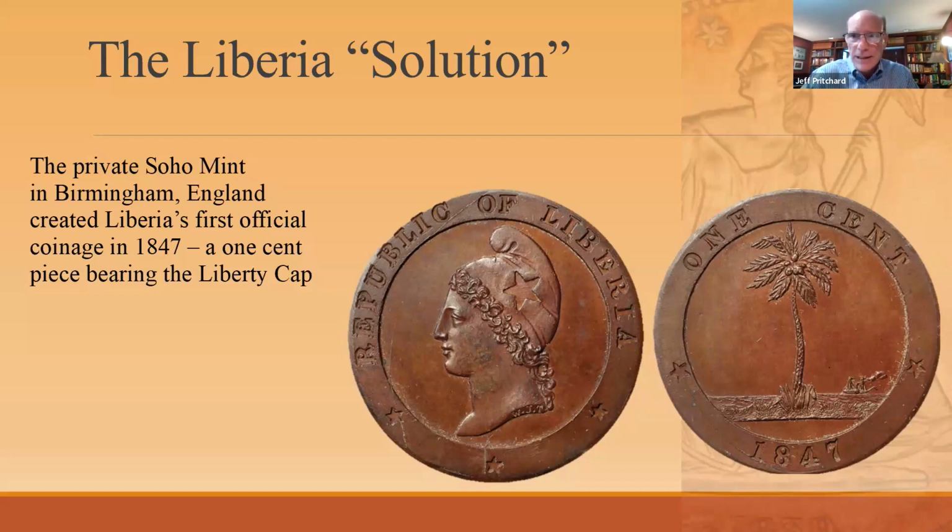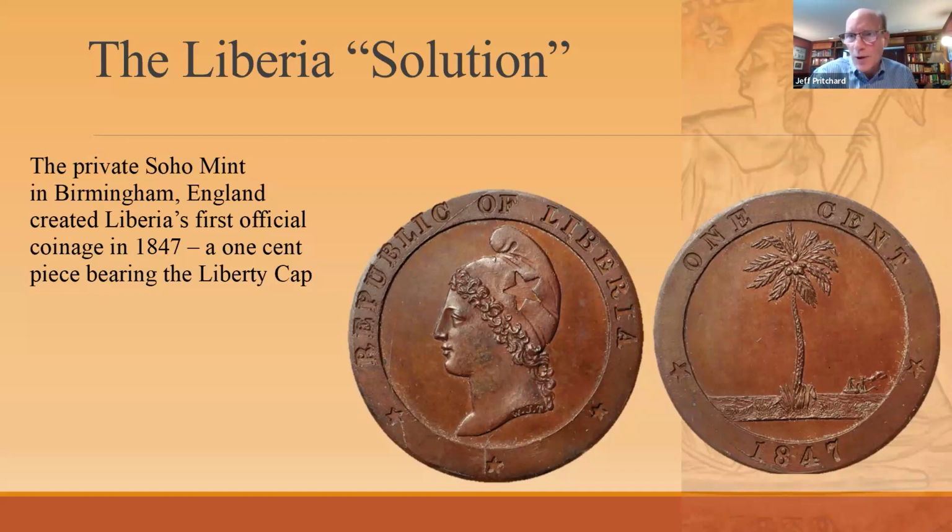The star on the cap is representative that Liberia was the first independent republic on the entire continent of Africa. And they actually used this obverse design for almost 100 years, up until the mid-1930s, at which time they replaced it with figures from Liberia's own history.